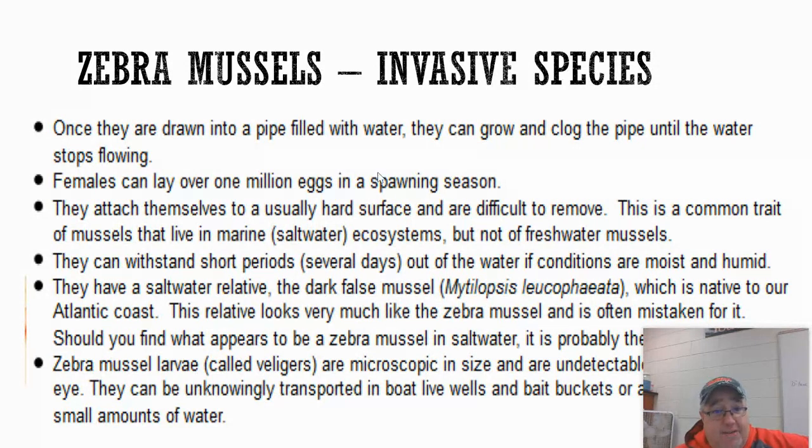And again, if nothing's eating those eggs, if nothing's eating the mussels, then they're going to overpopulate, and they get crazy high numbers of these things in our Great Lakes. They can attach themselves to hard surfaces like boats. They can travel from one point to another. They can withstand short periods out of the water, so they can actually live out of the water, which is one way that they can be transported from one area to the next.